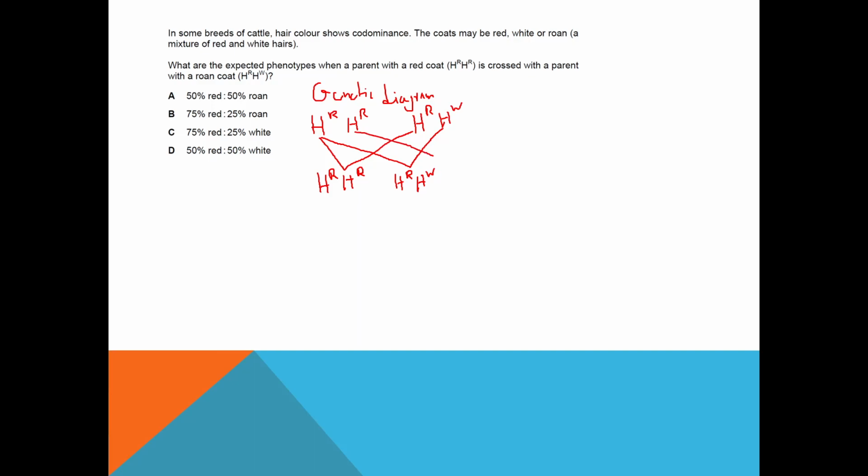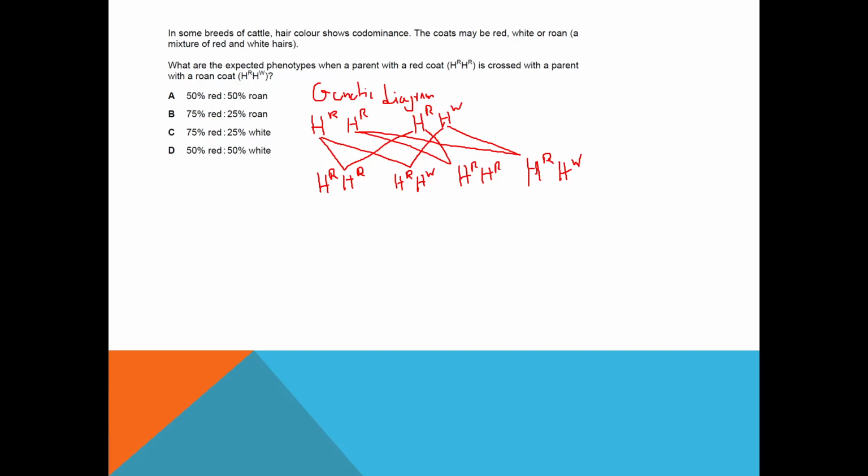Okay, done. Now we start working with the second allele of the first parent. So we match it again with the first allele of this partner. So we get HR, HR, and then with the second allele we get HR and HW.